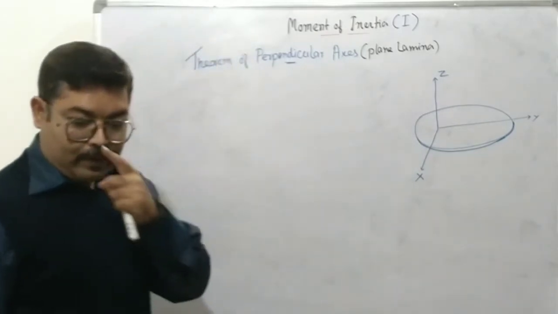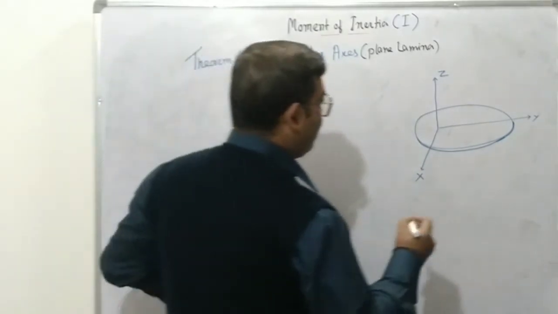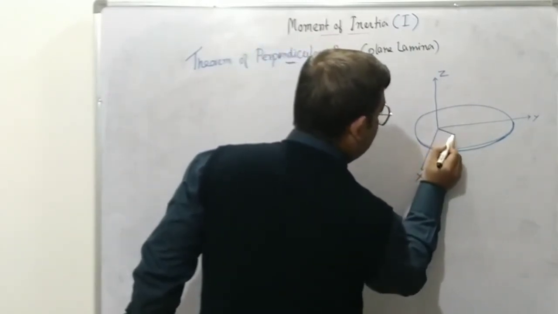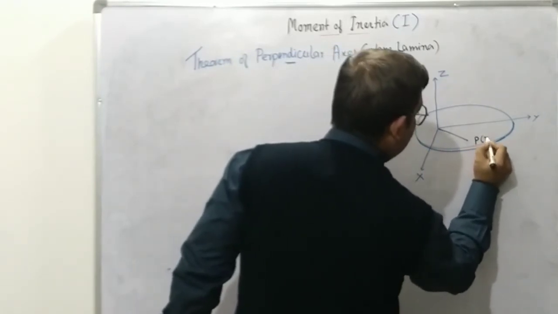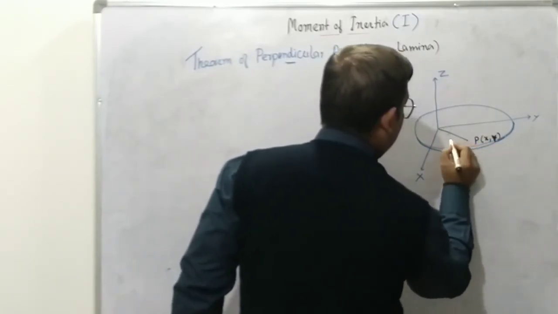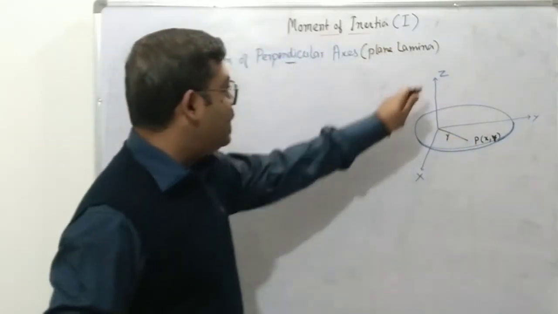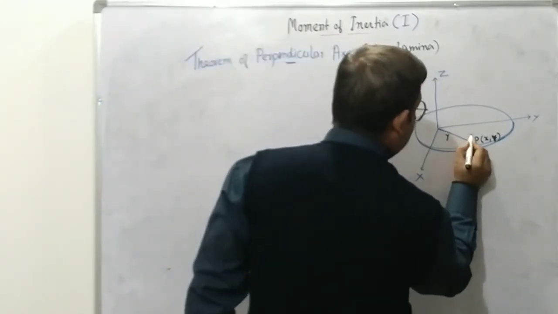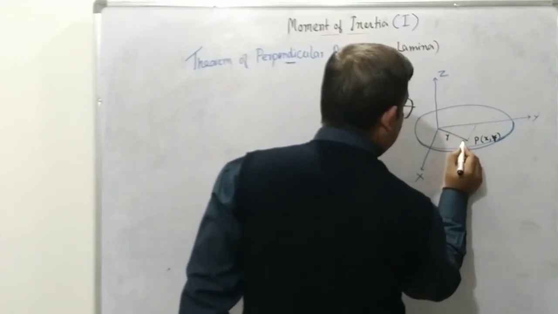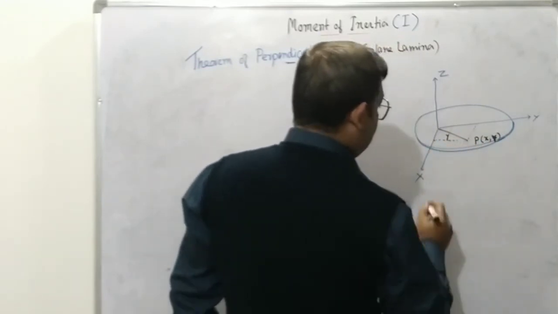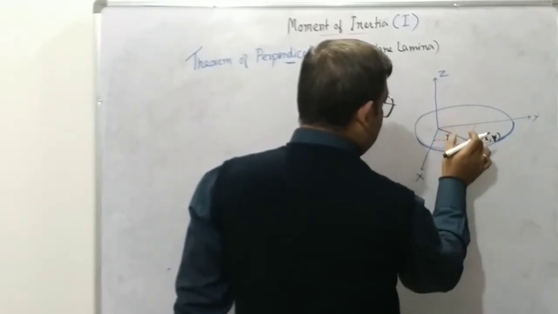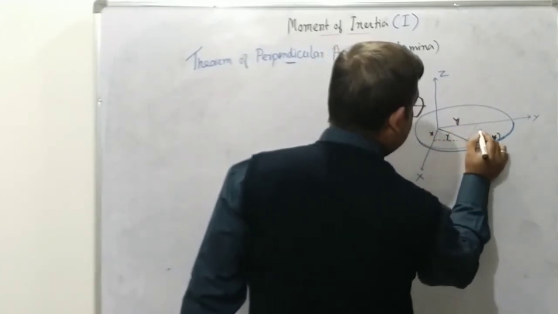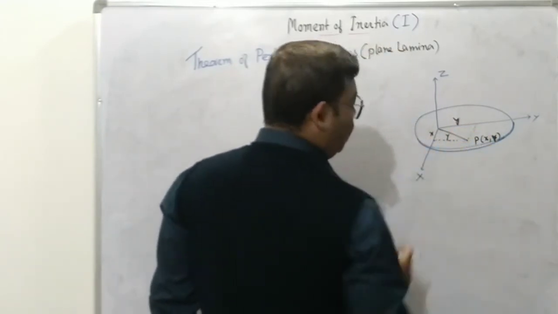Now to find this, we first consider, similar to the previous case, a point somewhere at some distance. Let's call it P, whose coordinates are x, y, or whose distance from the origin, that is the z-axis, is r. If we draw perpendiculars from this point to the x and y axes, this distance will be x and this distance will be y.